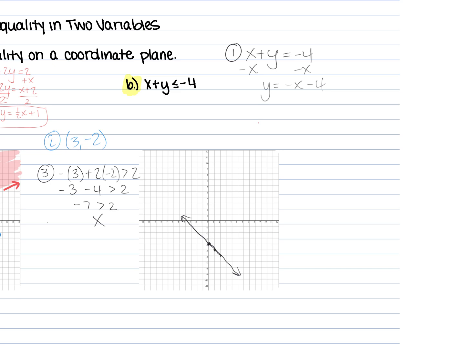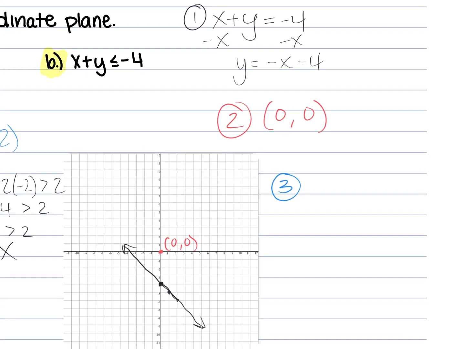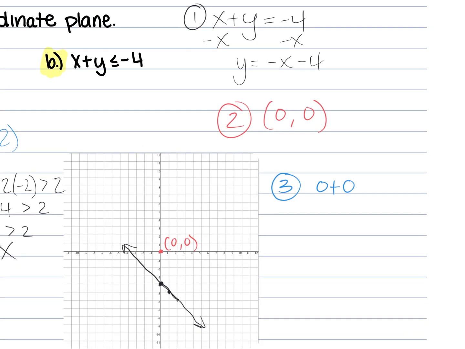Casey, can you pick a point for me? 0, 0 is perfect. So we're testing this point, 0, 0. Let's see if it works. When we plug it in, Seb, what do we get? We get 0 plus 0 is less than or equal to -4.